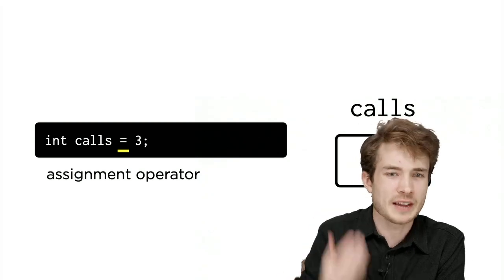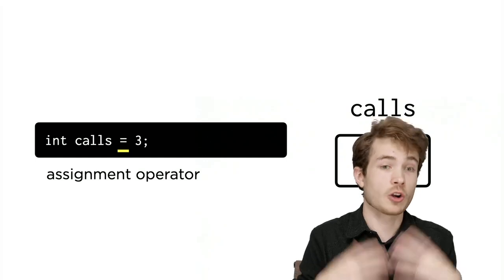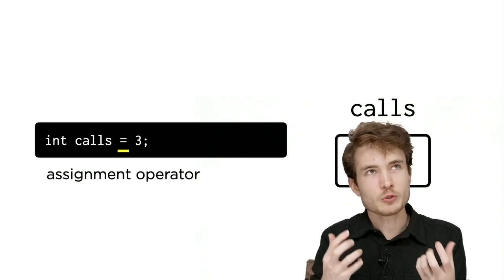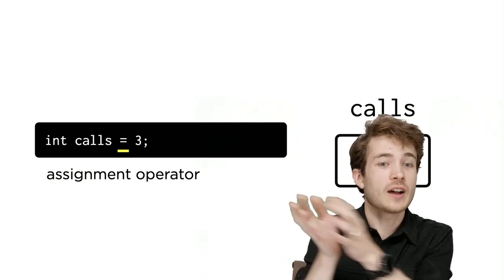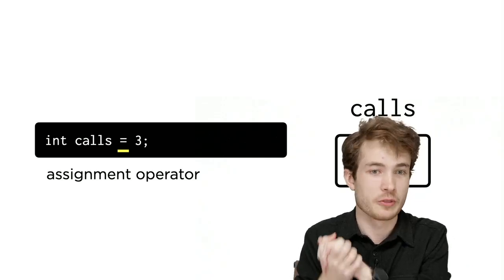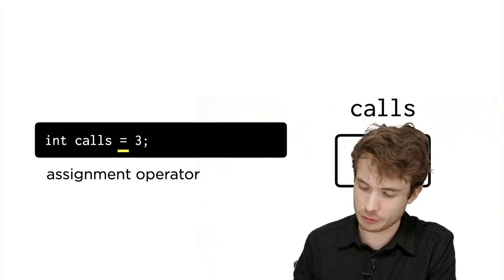This is our assignment operator. We're not so much saying that this calls here is equal to 3, as much as we're saying we've created some container and called it calls, and we're going to assign the value of that container to be equal to 3. So difference between equals and the assignment operator here.